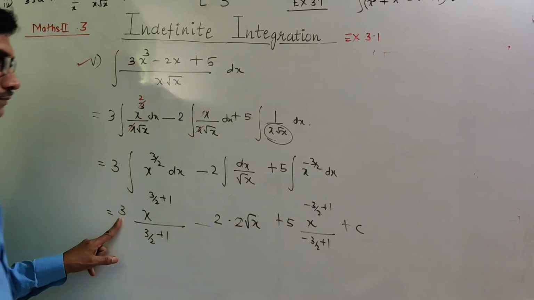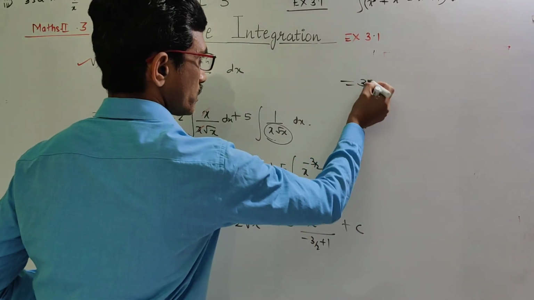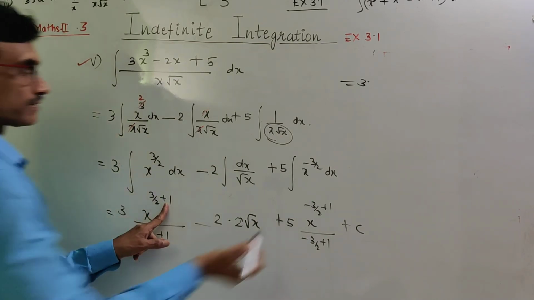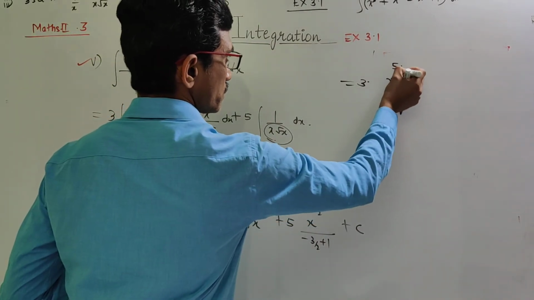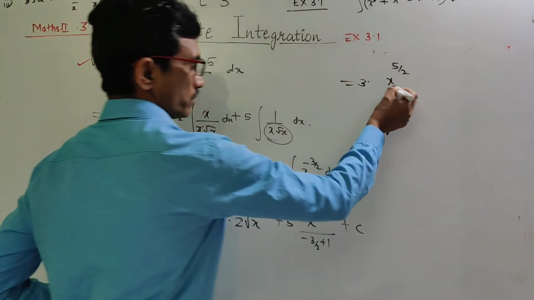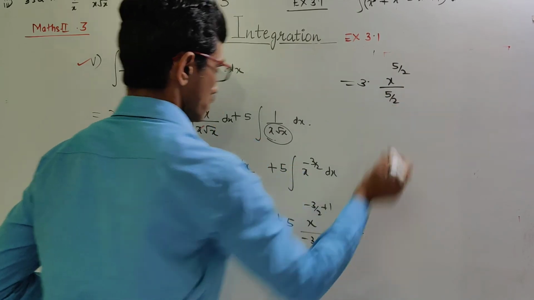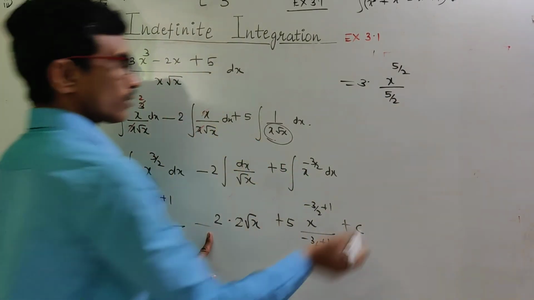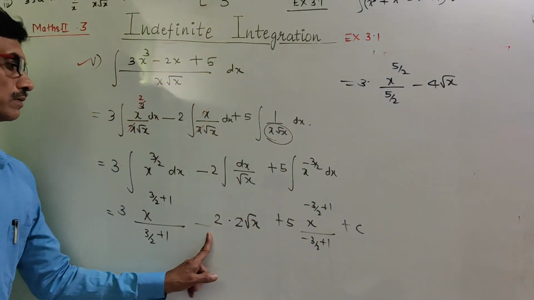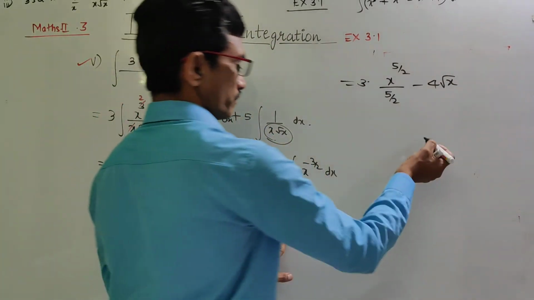This is 3 into x raised to power 5 by 2 upon 5 by 2, minus 4 root x, plus 5.